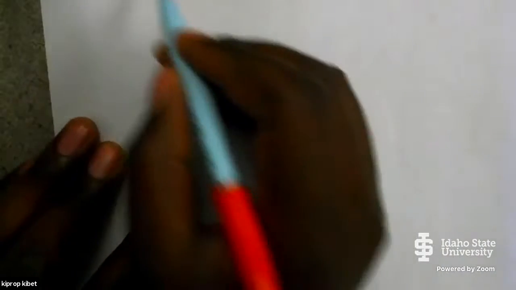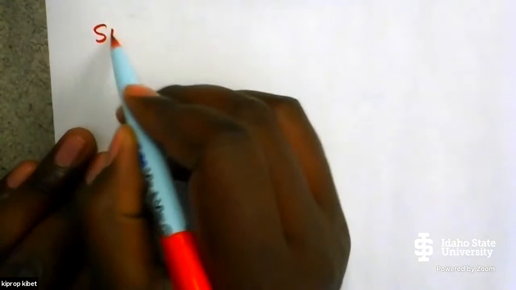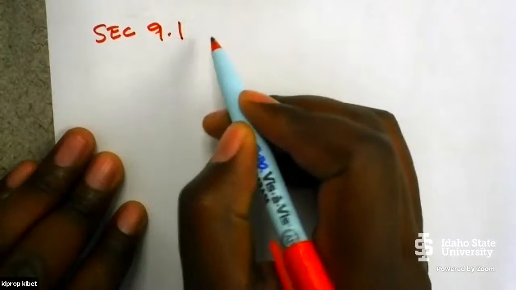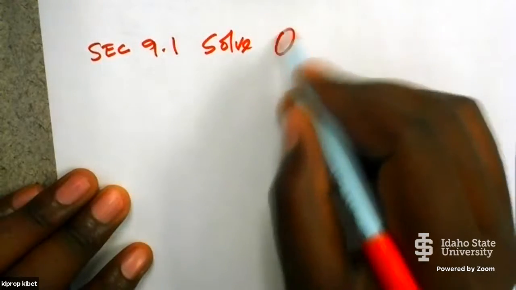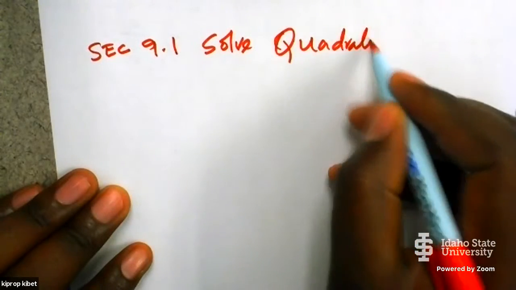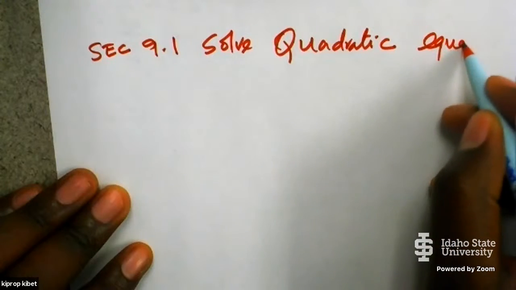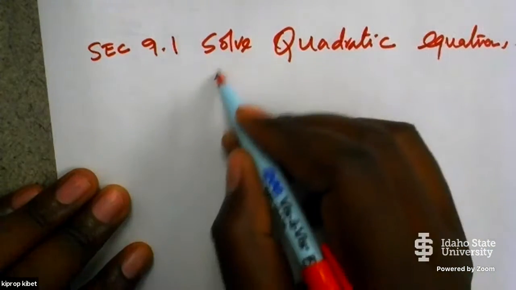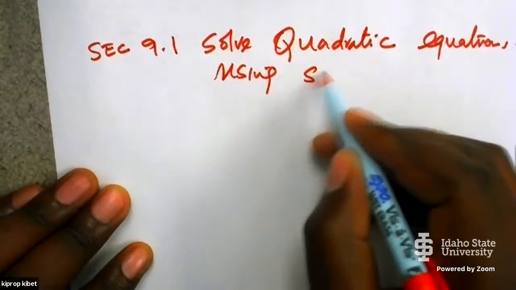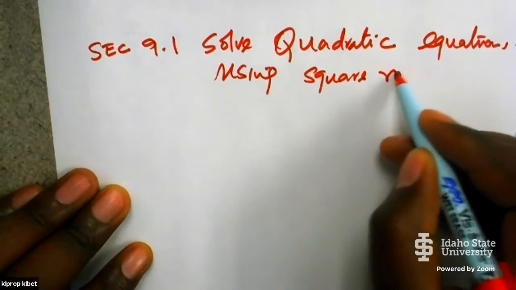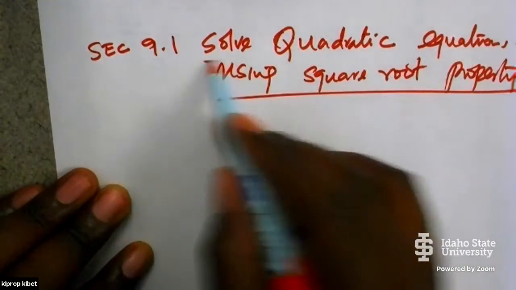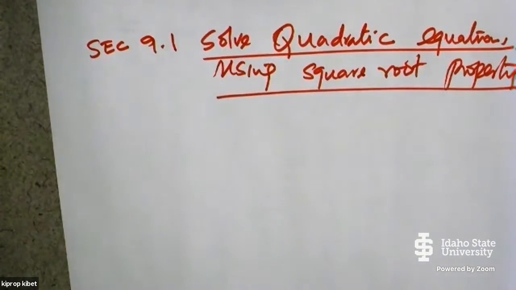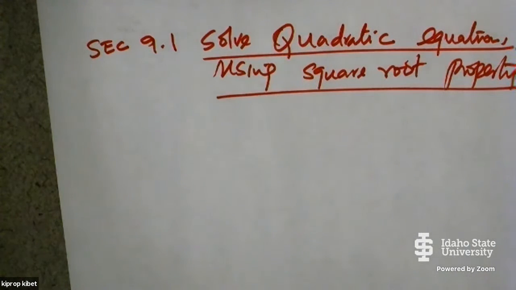We're going to start from section 9.1, which is quadratic equations using the square root property. Solving quadratic equations using the square root property.